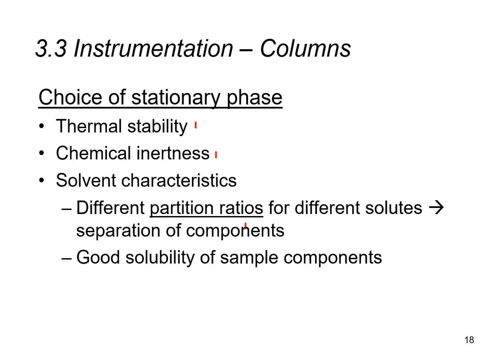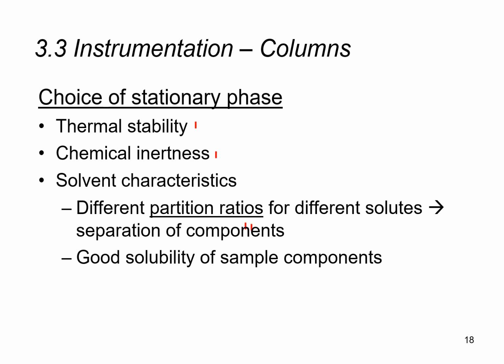When we select the types of columns, we also want to select columns that are able to differentiate different chemical components, which means that they must have different extents of partition or different partition ratios for different chemical components. So for example, if you put in a sample mixture which has 3 components, A, B, and C, you want the column to interact with A, B, and C differently, to different extents.